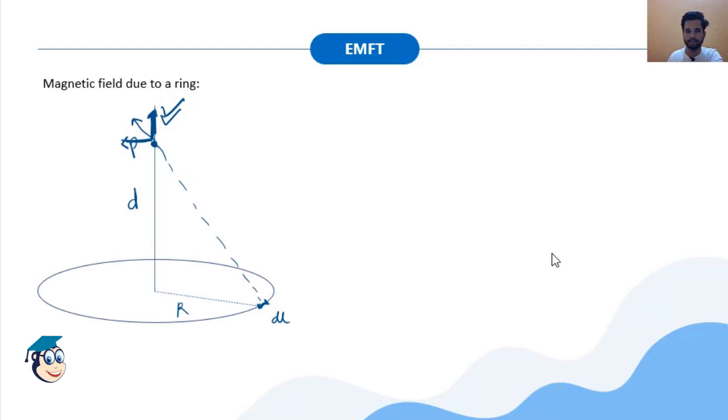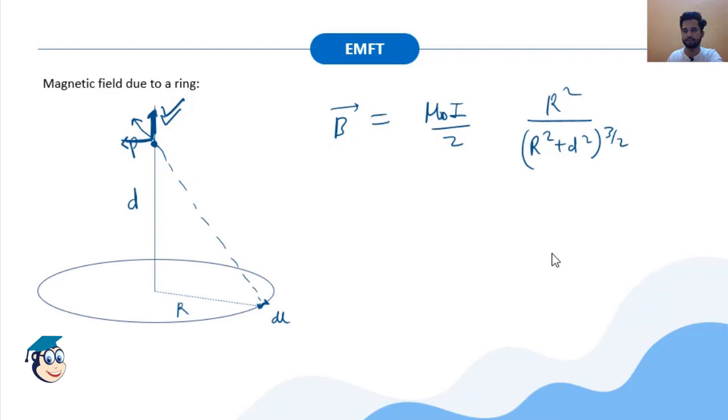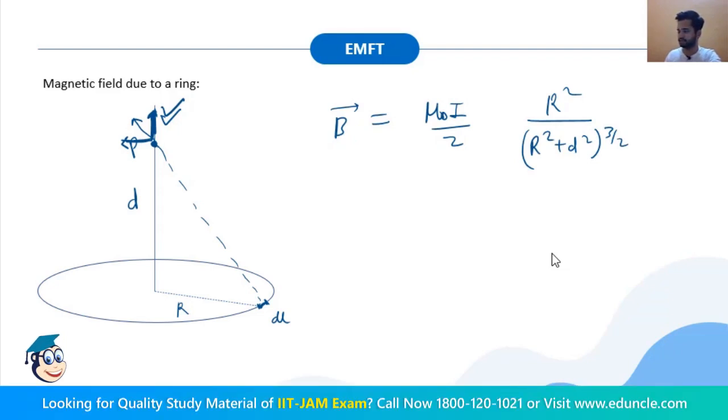You will get the magnetic field due to the entire ring at height d above the center as mu naught I over 2, and the formula is r square divided by r square plus d square to the power 3 by 2, and the direction is again z cap.